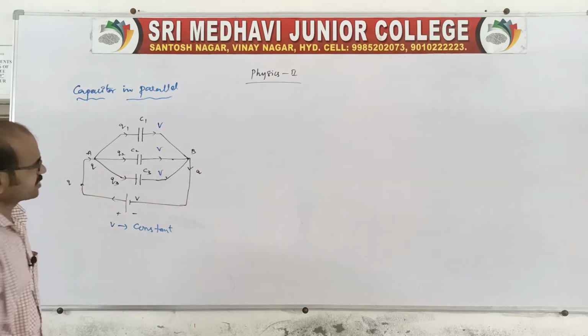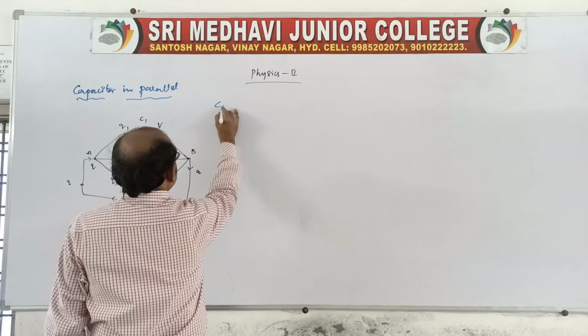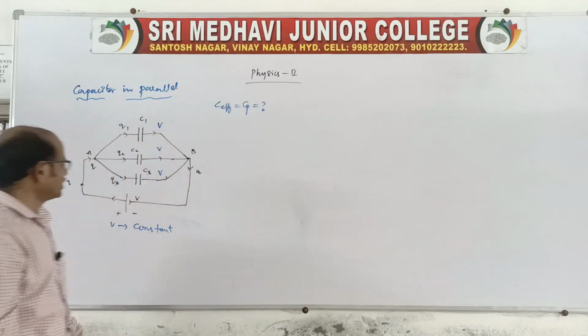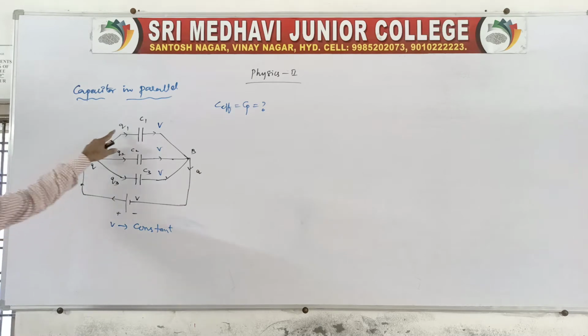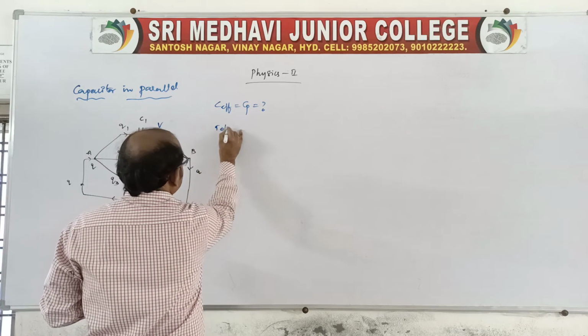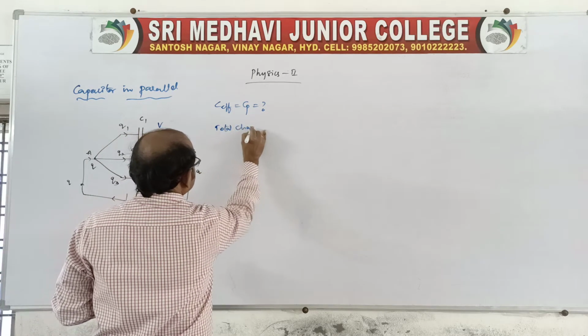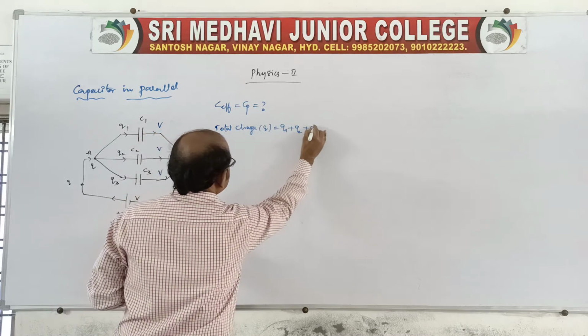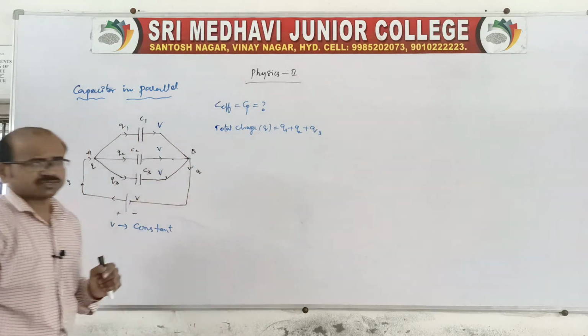Let us find the effective capacitance, Cp. The charge entering is divided, so the total charge Q is equal to Q1 plus Q2 plus Q3, because we have connected only three capacitors.